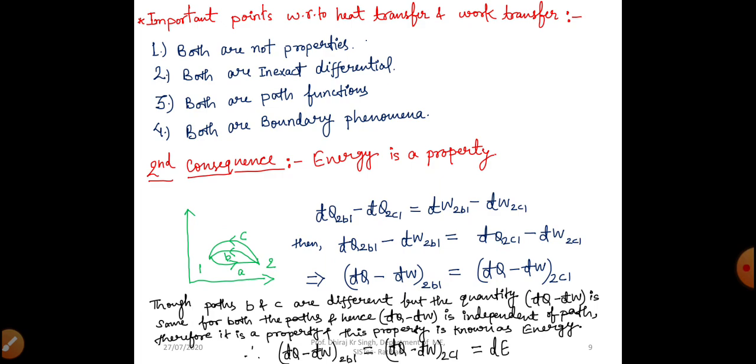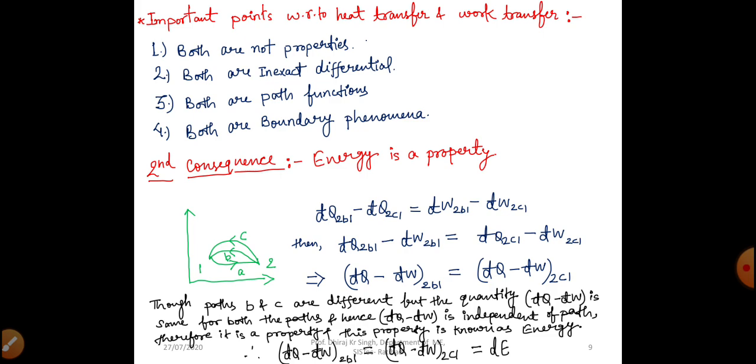So here it is written that though paths B and C are different, the quantity del Q minus del W is the same for both paths, and hence del Q minus del W is independent of path. That means when the end values are the same and the difference is the same, del Q minus del W is independent of the path because it gets the same value, as a property does. So therefore it is a property, and this property is known as energy. We have given the name energy to this property.